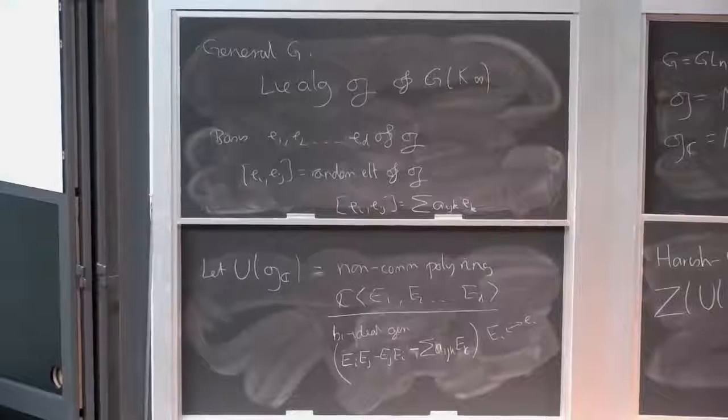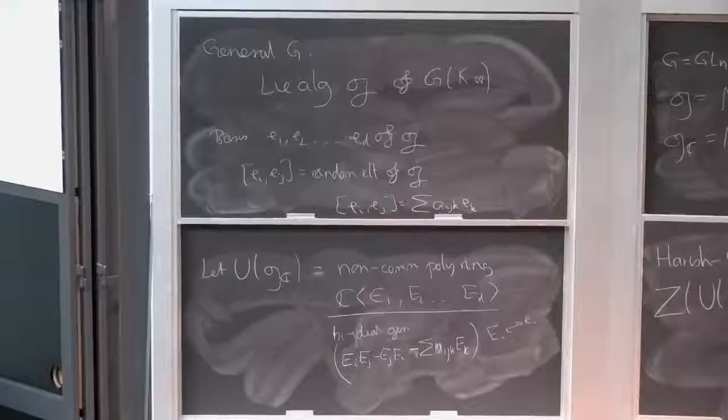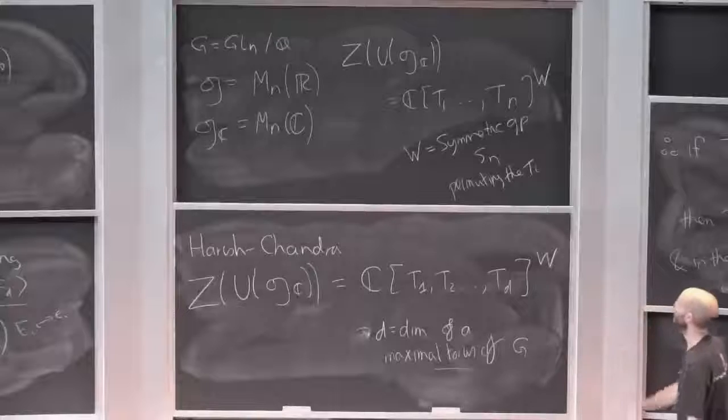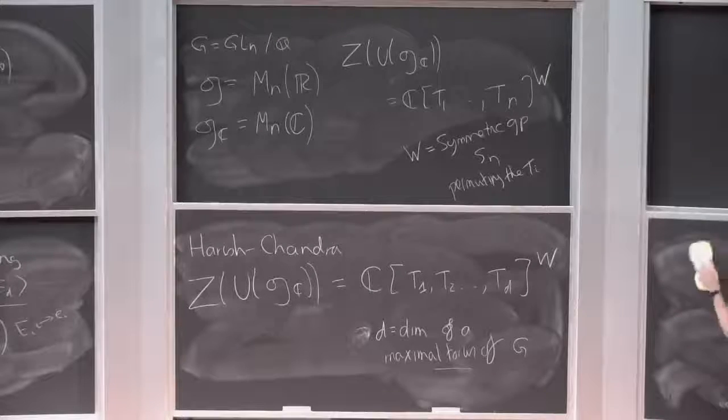Yeah, so Harish-Chandra says, by all this kerfuffle, we get some random non-commutative ring, and inside it we can isolate some random commutative ring, and a machine tells us what this random commutative ring looks like. That's what Harish-Chandra's theorem says.